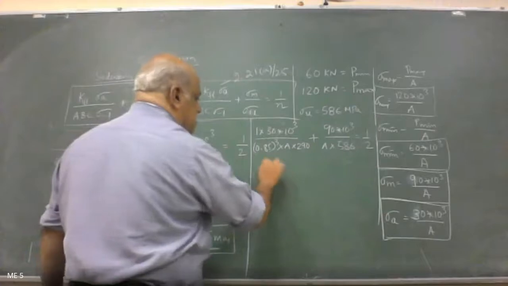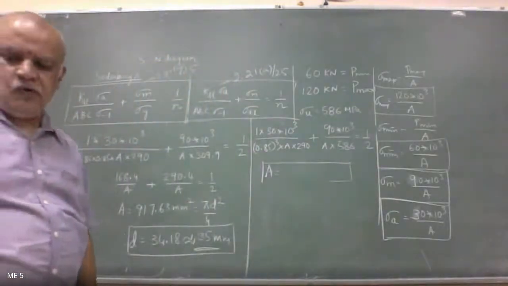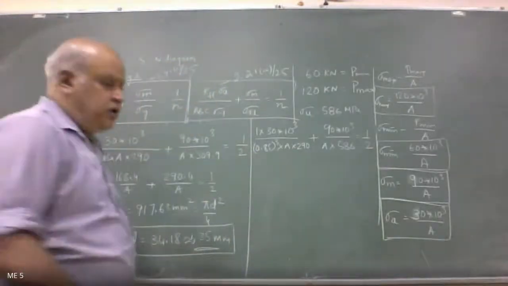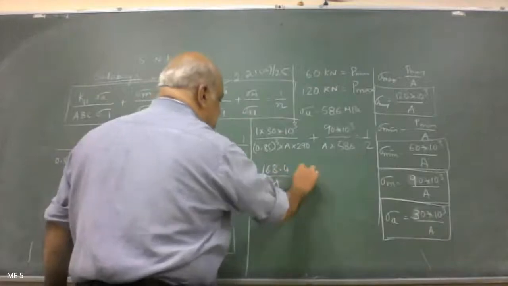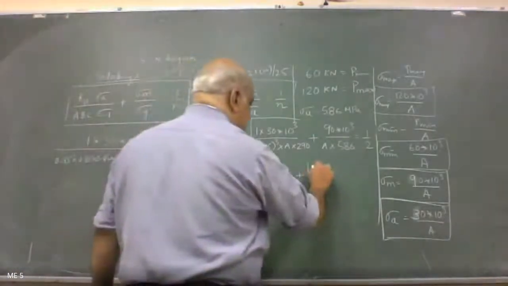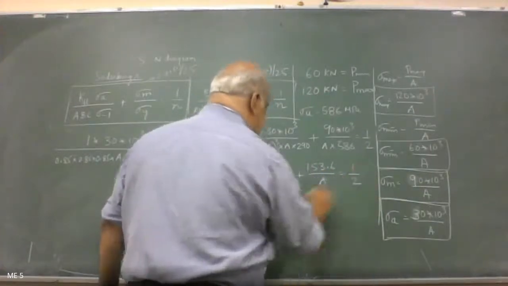So from this, I'm going to get the value of A. Maybe one more step I'll give you. 168.4 by A plus 153.6 by A is equal to 1 by 2.